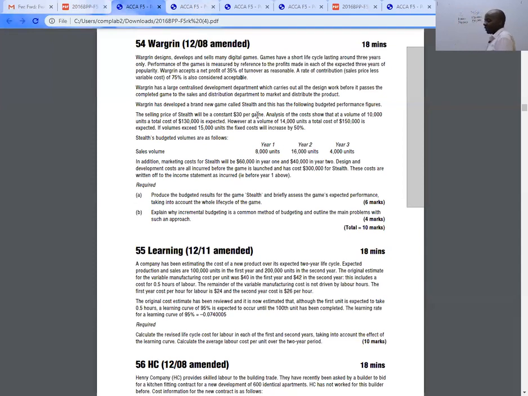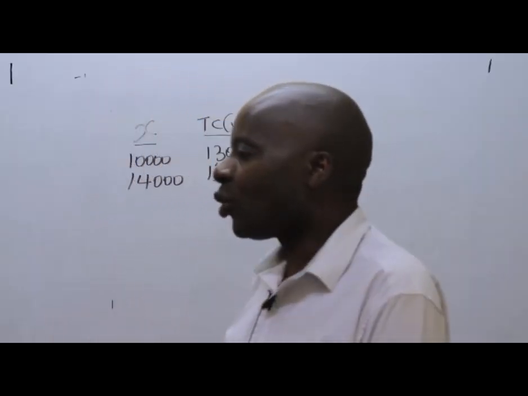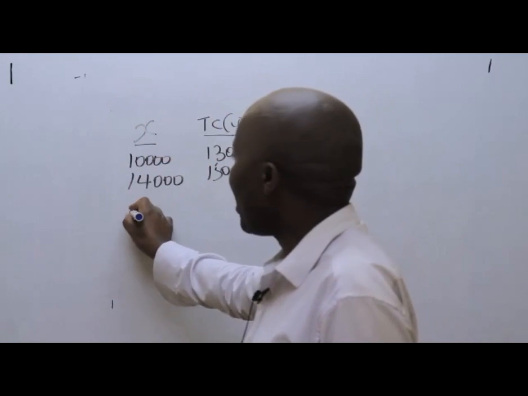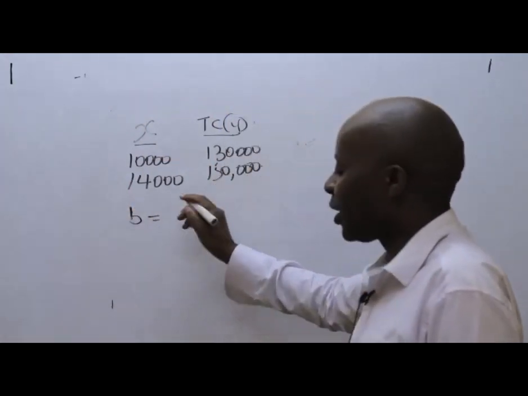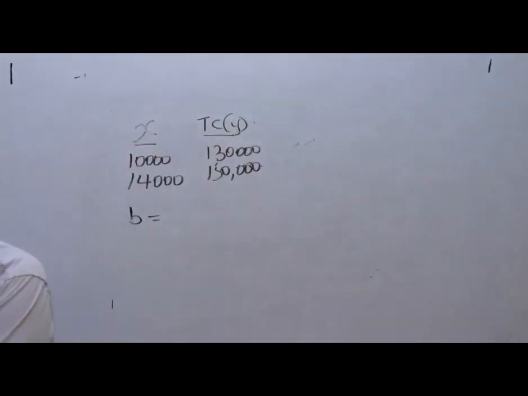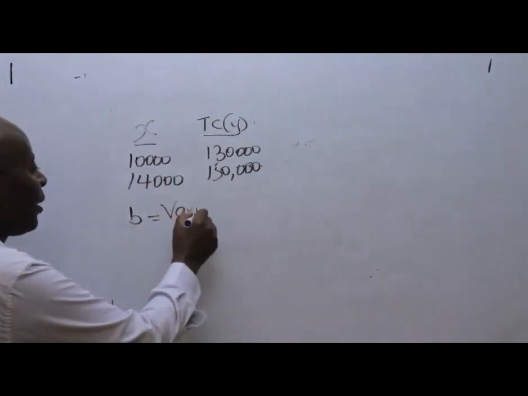Great. Once I have these two points, what am I supposed to do very fast? I should be able to use them to get the gradient. How do I get the gradient? The gradient, which is my B, will automatically be my variable cost per unit.